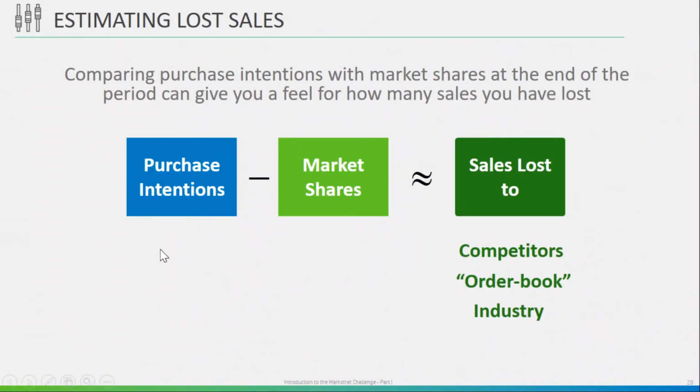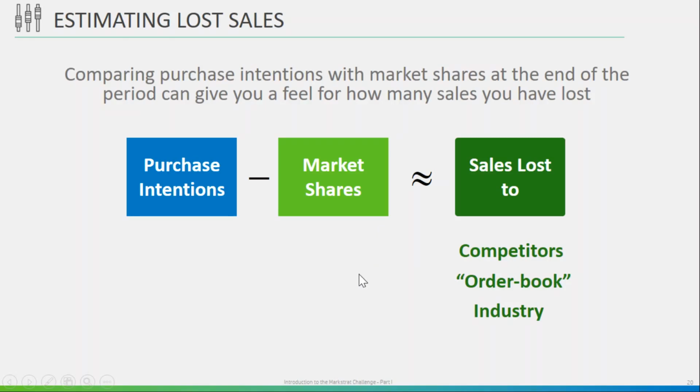You can also estimate your lost sales. If you run out, you're not able to fulfill all demand, you can really cause lots of harm to your firm. You might be thinking, well, running out, selling out is good because we sold out all the units we produce.